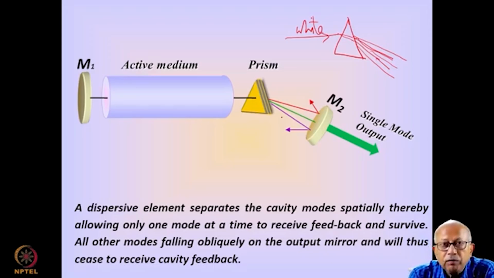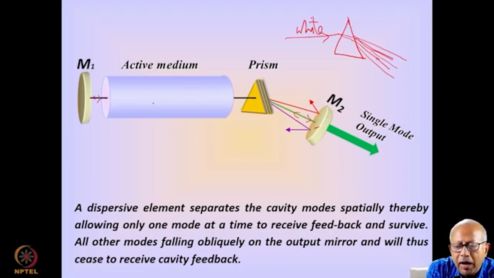Now only one of them at a time will fall normally on the output mirror, as you can see here. So this mode alone will then be able to get feedback. It will oscillate back and forth because this has fallen normally, so it will also reflect back in the same direction, and then it will travel to the other mirror, and there also it will fall normally, and then will be again reflected back. So this mode alone would be able to oscillate back and forth.